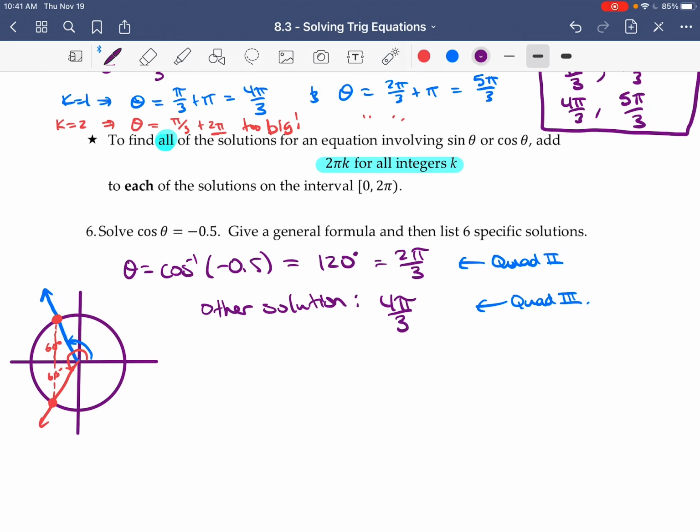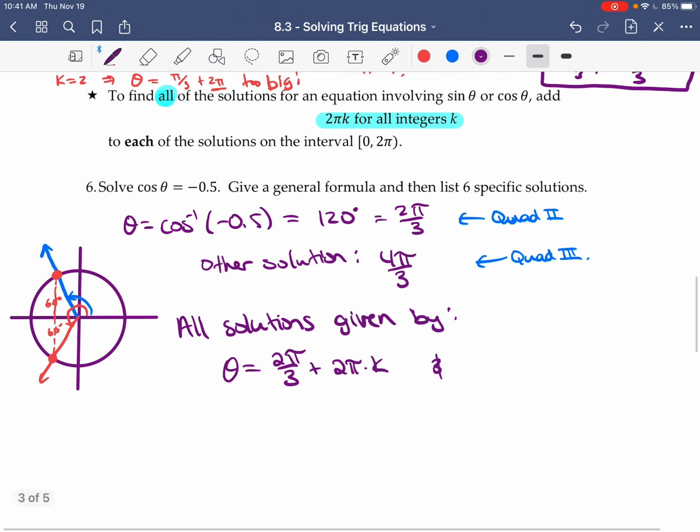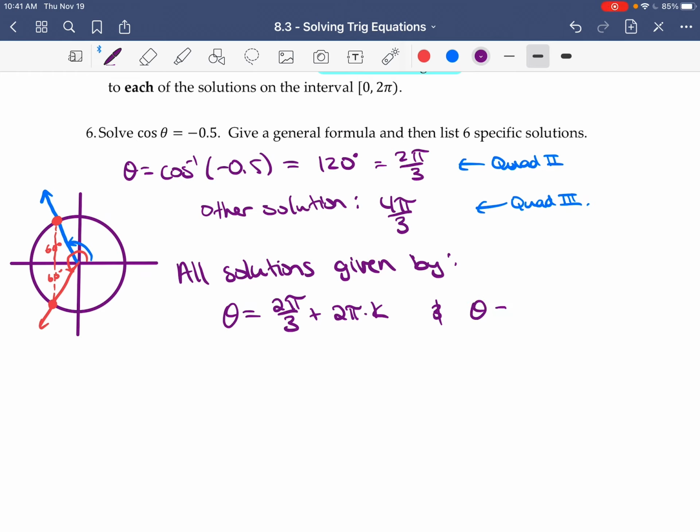Okay, so now it wants a general formula. So all solutions are given by theta equals 2 pi by 3 plus multiples of the period. So that's going to give us all angles that are coterminal with 2 pi by 3.